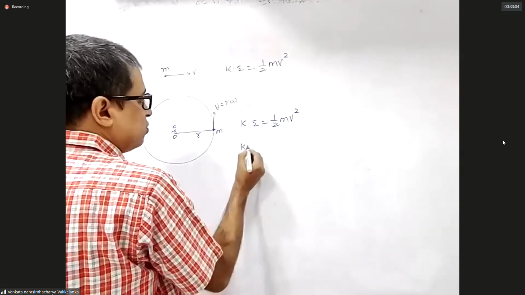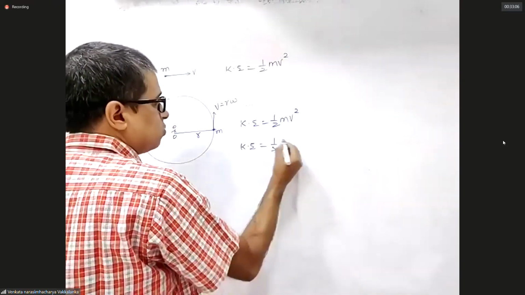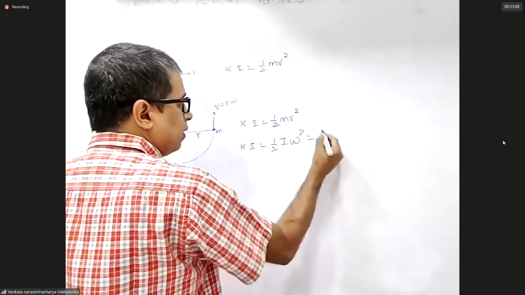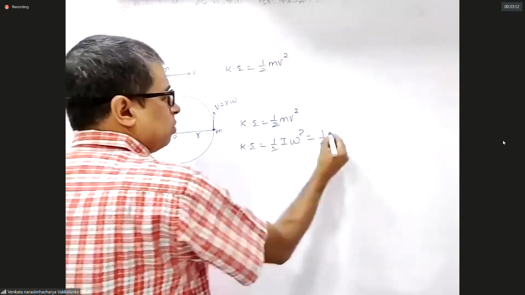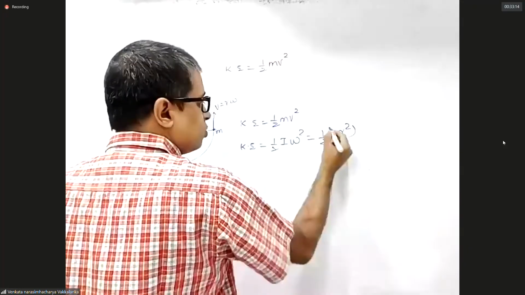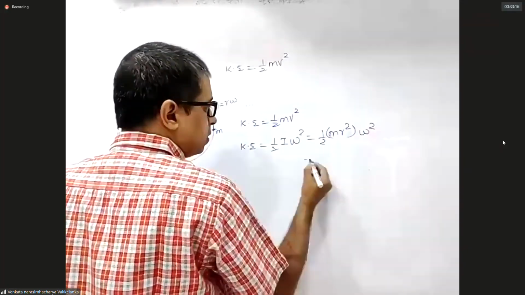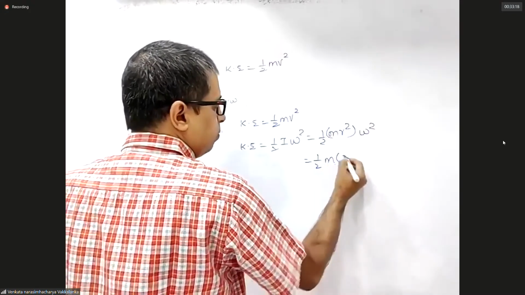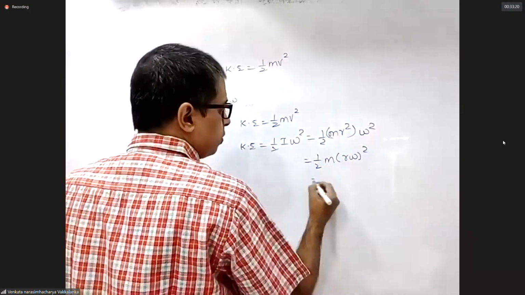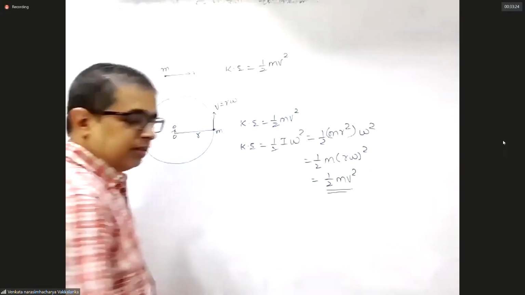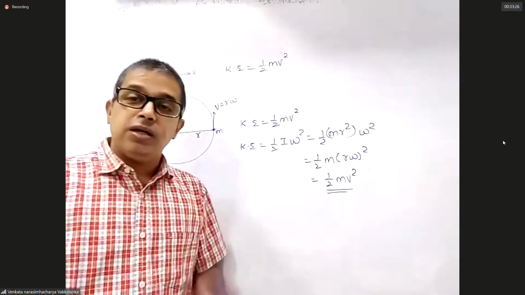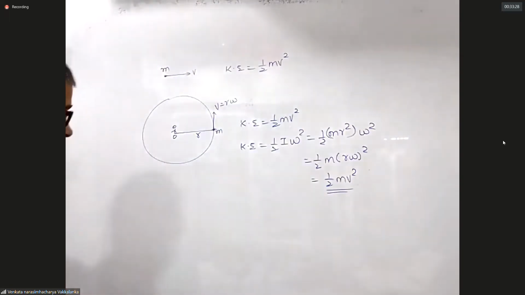Kinetic energy as seen by this particular man is half I omega square. This is a point mass, so moment of inertia is m r square. Half m r omega whole square. Same value came, right? Yes, sir.